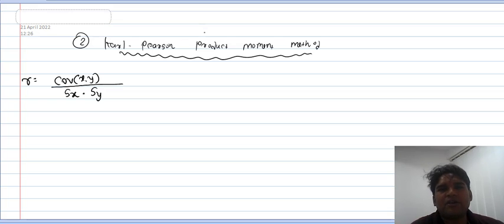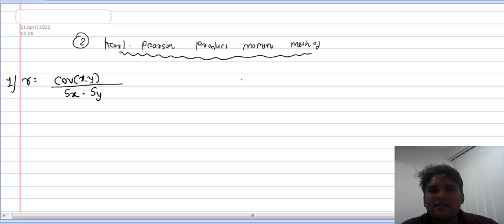This standard deviation you already studied in your 11th standard, in chapter number 4, that is dispersion. So whenever the covariance of XY and the SX and SY values are known, you can easily find the correlation coefficient between the two variables by applying this formula. Right? Now this is the first formula.